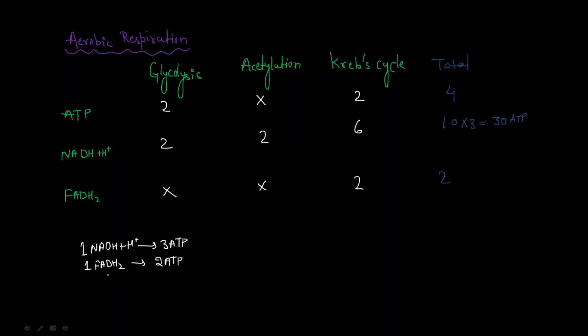And 1 FADH2 is equivalent to 2 ATP, so 2 FADH2 multiplied by 2 is 4 ATP. So in total we get 30 plus 4 plus 4, that is 38 ATP. So during aerobic respiration we have got 38 ATP, which is far more than anaerobic respiration, that is just 2 ATP.